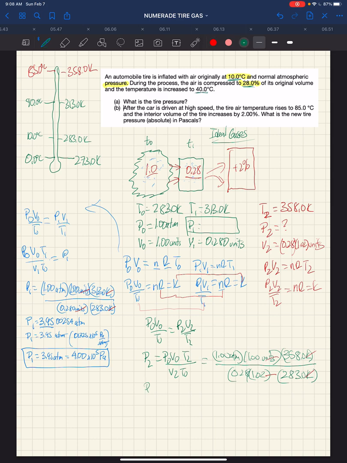The final answer is 4.43 atmospheres, 4.4293.